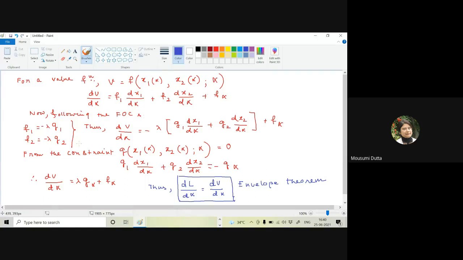Now, following the first order conditions in the context of any optimization technique, when we do the implicit functional form, we get these two first order conditions when we take the derivative with respect to alpha.